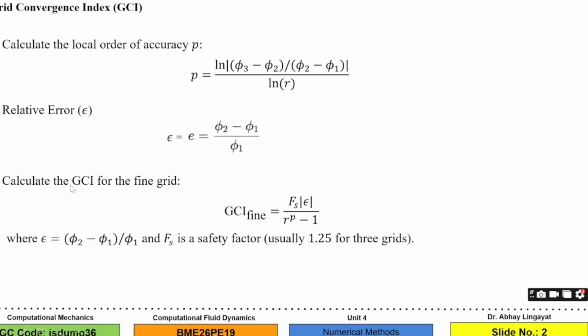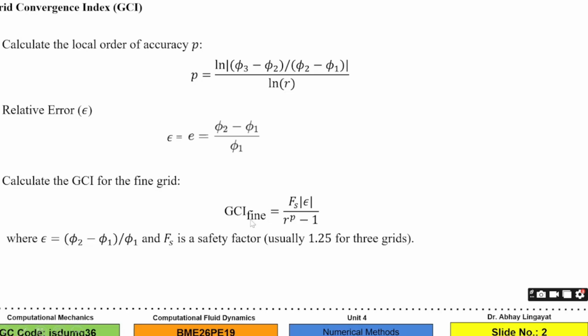Then the next term is the grid convergence index, GCI, which is defined as Fs times E divided by (R to the power P minus 1), where Fs is a safety factor, usually 1.25. So GCI gives the percentage uncertainty in the solution. If the GCI is smaller, the results are reliable, and a larger GCI needs a finer mesh.